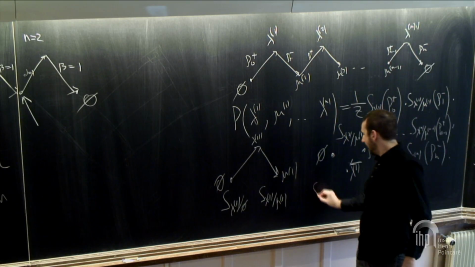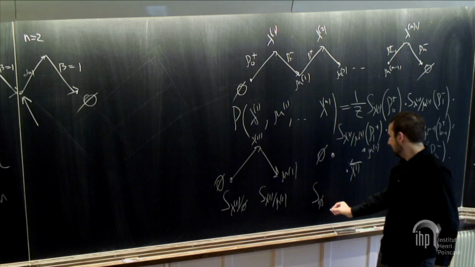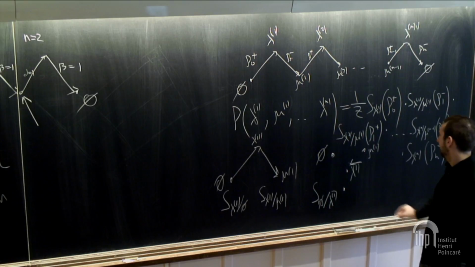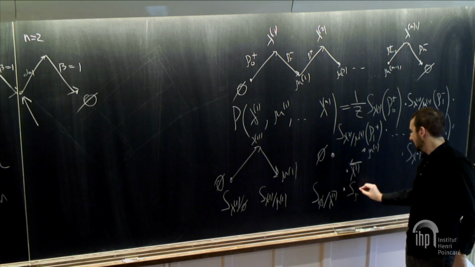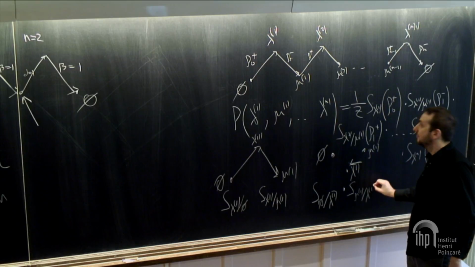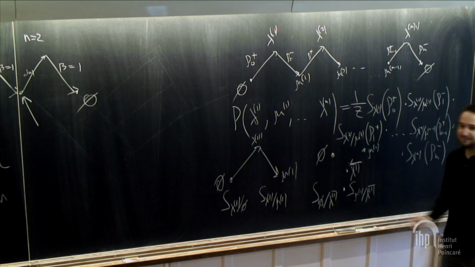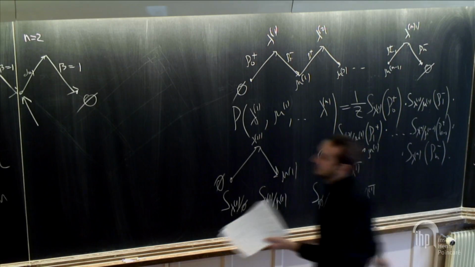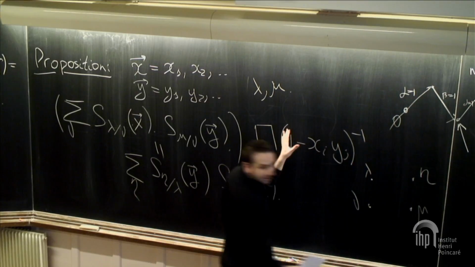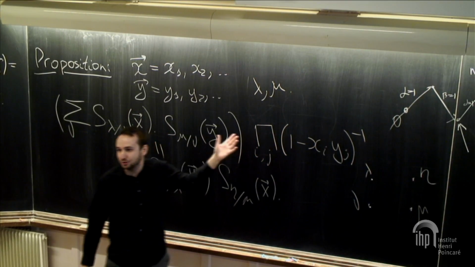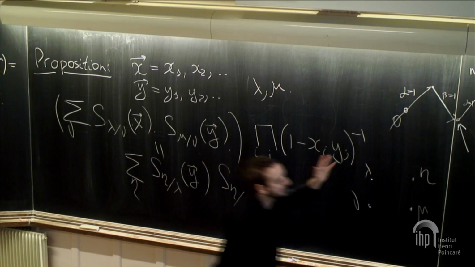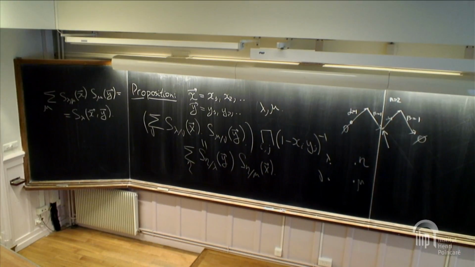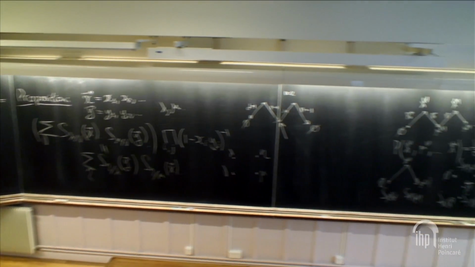You get s of empty set over lambda 1 bar multiplied by s of mu1 over lambda 1 bar, times this thing, but this thing we just don't care at all, because it is some constant. It doesn't depend on lambdas or mu's or anything. So in the end, it will be absorbed into this normalization constant, which appears here. So we will not even be keeping track of that.